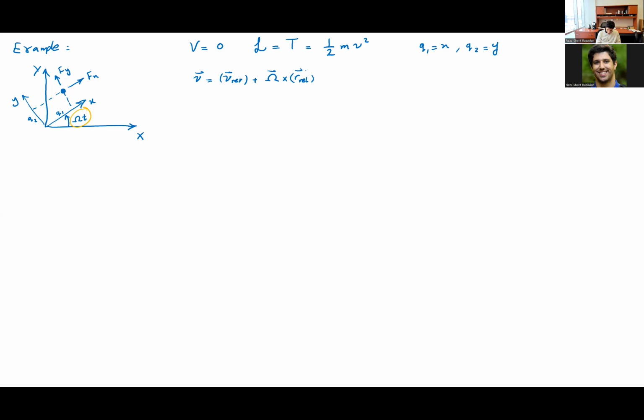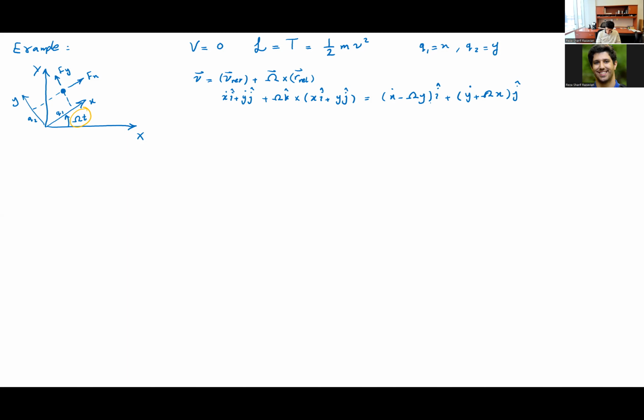So v is x dot i plus y dot j, and omega is omega k in the positive k direction, cross x i plus y j. Carrying out this cross product, I get (x dot minus omega y) i plus (y dot plus omega x) j.